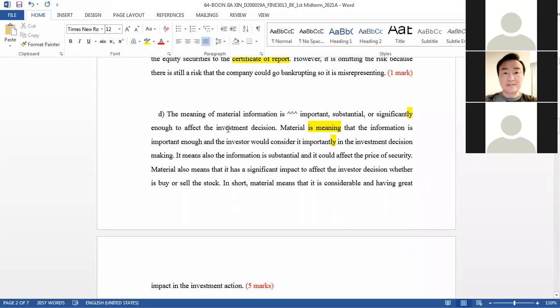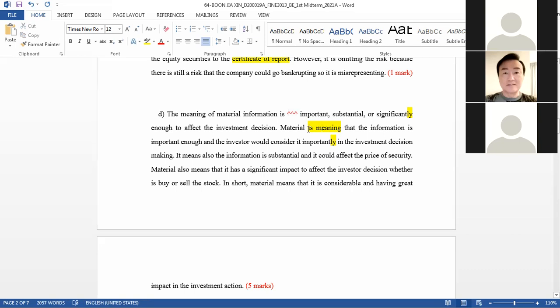Right. Part D, the meaning of material information is, there's something missing here. The meaning of material information is information which is considered important. So words like that. All right. Material is meaning.